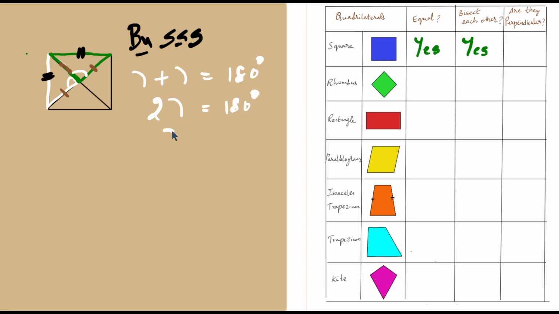So what is each white angle? It is 180 by 2, 90 degrees. So now we have the answer to the question, are they perpendicular? Yes, they are perpendicular. So in the case of a square, we have proved that the diagonals are equal in length, they bisect each other, and they are perpendicular.